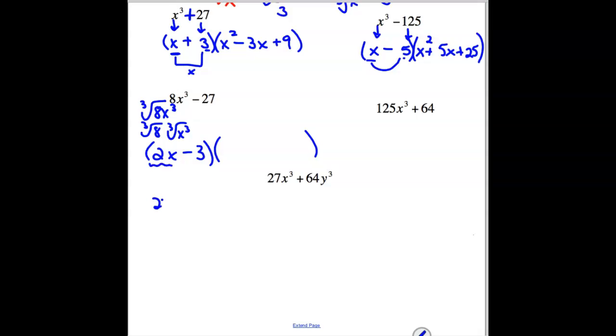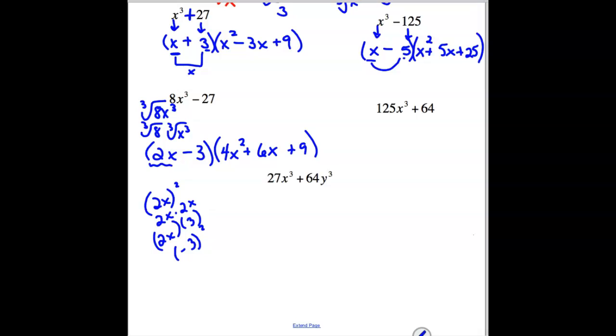I take the first term, 2x, and I square it. So 2x times 2x is 4x squared. I take the product, 2x times 3, and I get 6x, and I change the sign, so instead of it being negative, it's going to be positive. And then I square the negative 3. Negative 3 times negative 3 is positive 9.